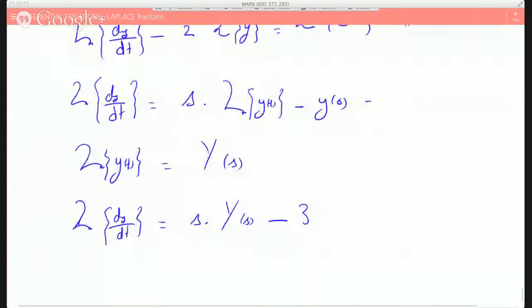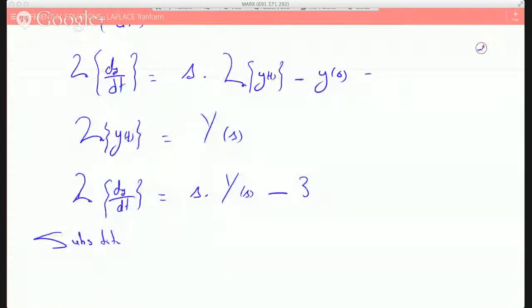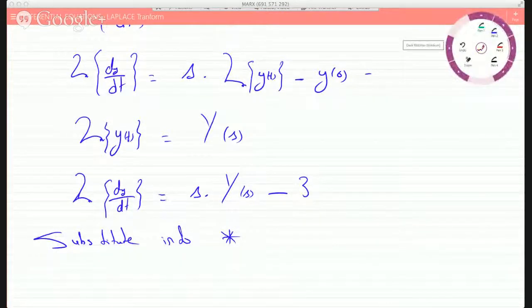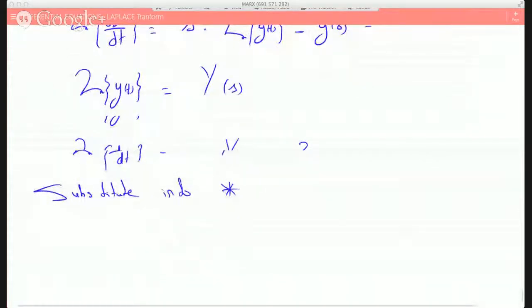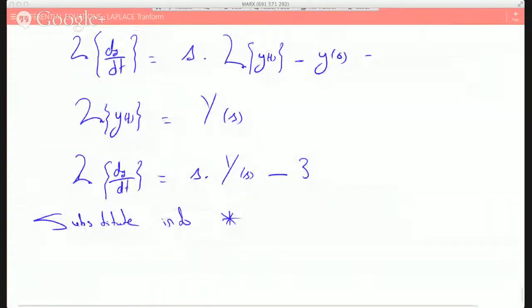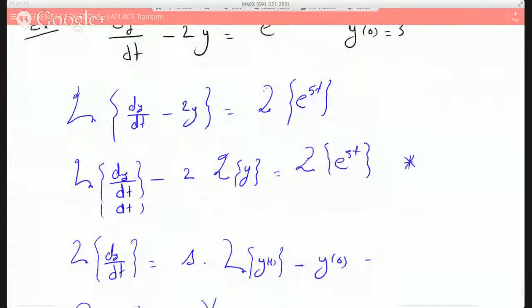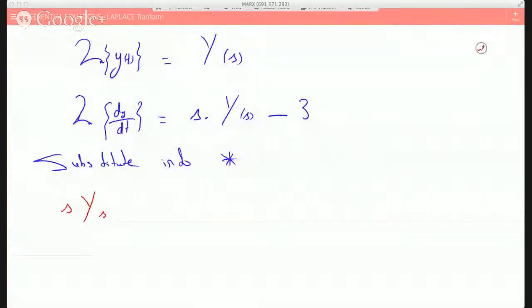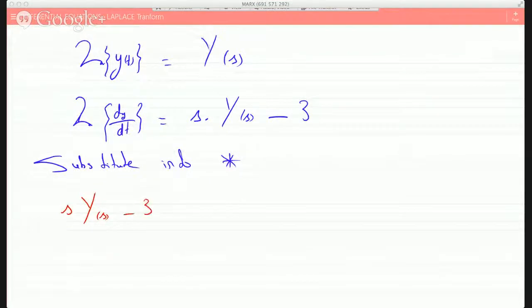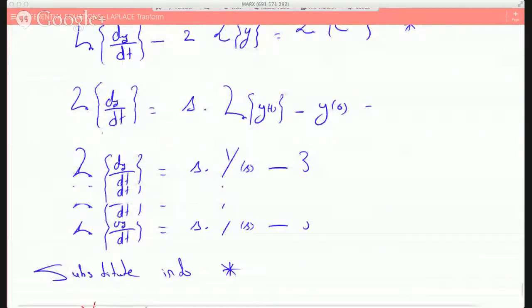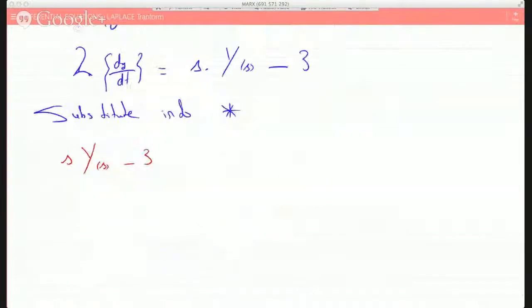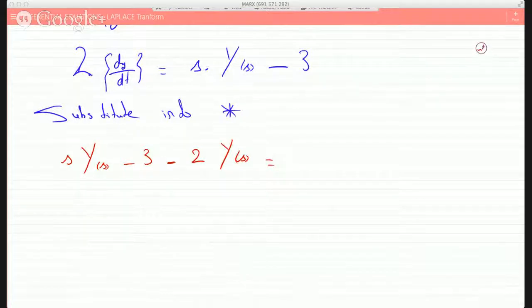So substitute into star. Star says L of dy over dt, so that's s y of s minus 3, and then minus 2 times the Laplace of y, which means minus 2 y of s, equals, what is the Laplace of e to the 5t?